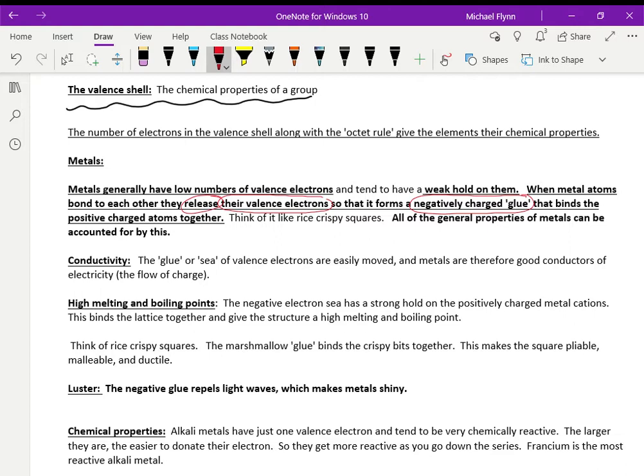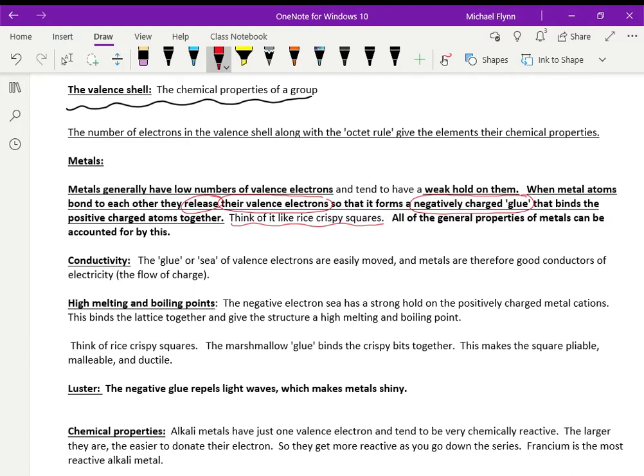So negative and positive attract. So it's like the atoms of metal are positively charged atoms sitting in a negatively charged soup. They're stuck in the soup because it's negatively charged and they're positively charged. And a great example of this is Rice Krispie squares. The Rice Krispies are held together by a glue of melted marshmallows.